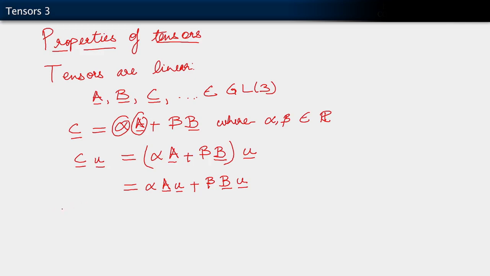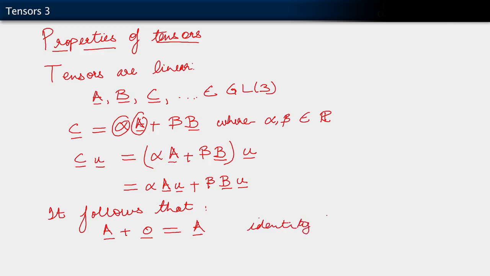Okay? With this sort of a property, what we see is that many other things also follow. From this sort of an idea, it follows that, for instance, if we write A plus the 0 tensor, this is equal to A, right? And this is the identity of addition.